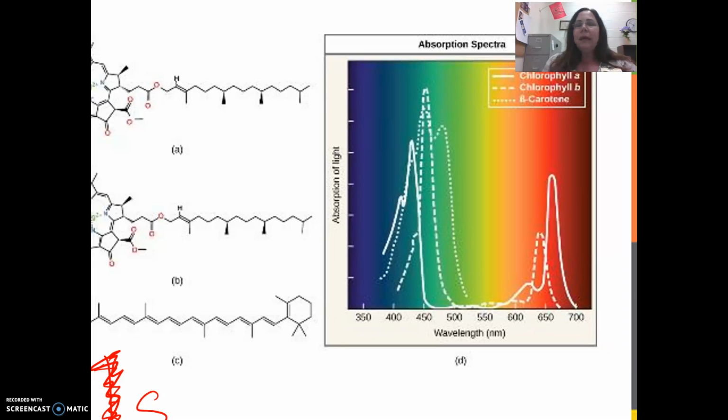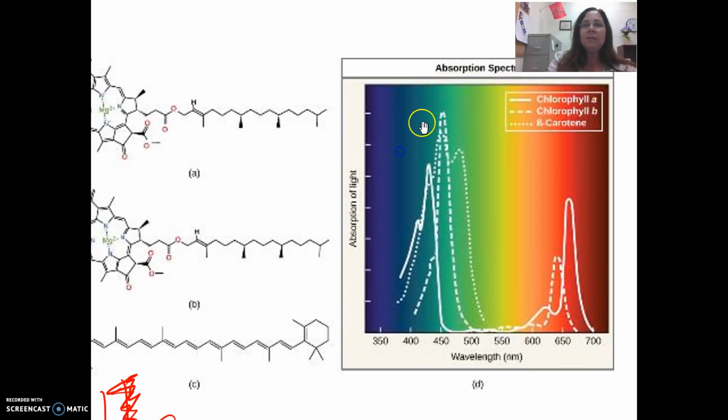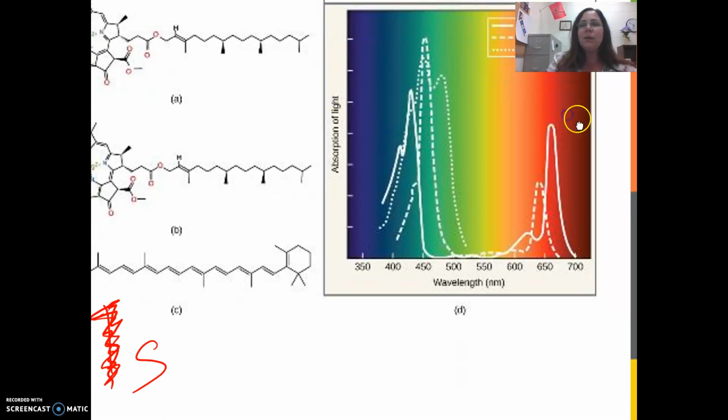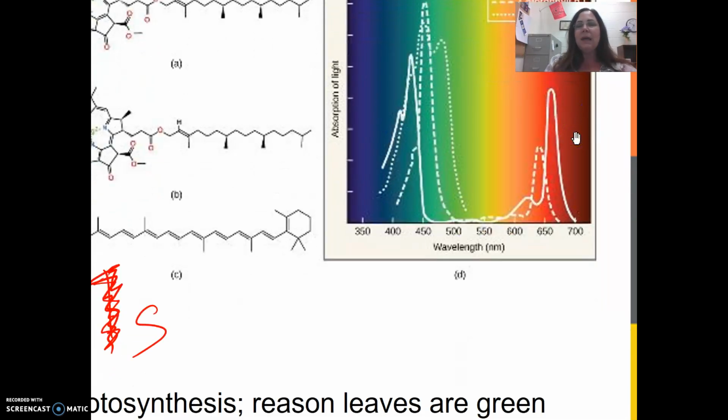And xanthophylls not up here, but the color that the pigment is, that's not the color that it absorbs. If the pigment is green in color, then it's going to absorb toward the purple and blue end of the spectrum, and also the orange and red end of the spectrum, and then it's going to be green in color.